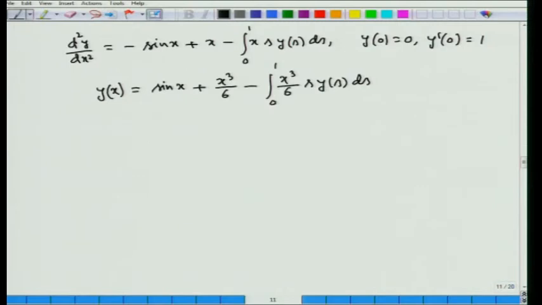And using the earlier methods we considered for Fredholm integral equations, you can also solve this equation by using any one of those techniques that we have already discussed.